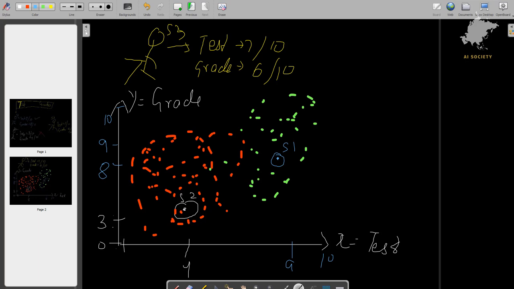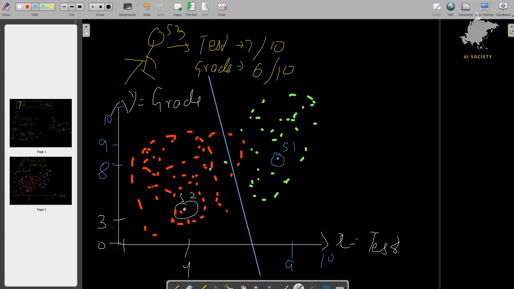And now our work is to make the model. So what does our model do? It tries to fit an exact straight line between these two, a straight line which can divide the whole data set into two parts.